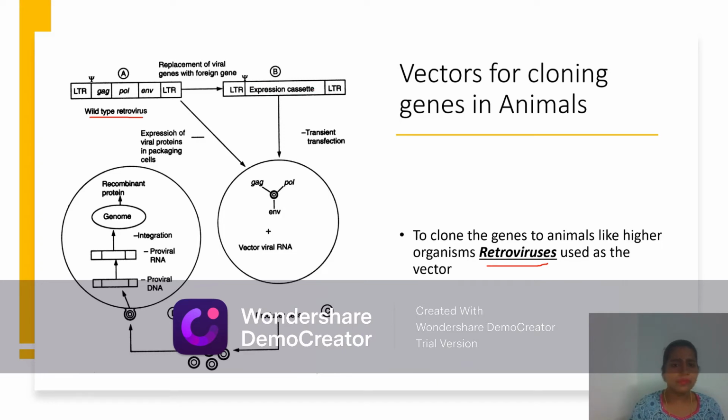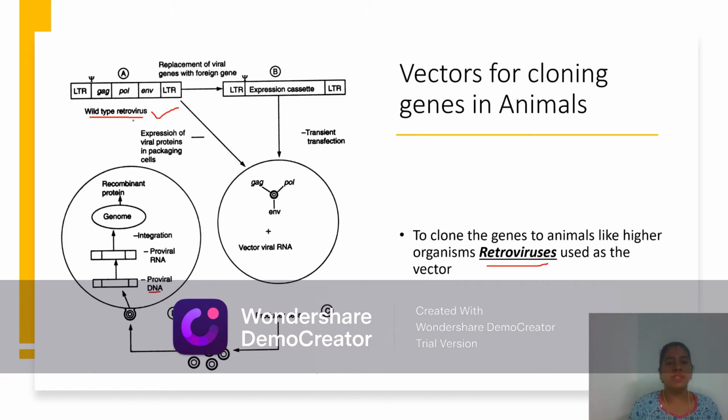At the time of translation, they will produce the viral protein plus our gene of interest. Whatever is coded here will be translated along with the viral protein. The retrovirus contains RNA as its genetic material. Once it infects the host cell or animal cell, it will be converted into DNA with the help of reverse transcriptase.